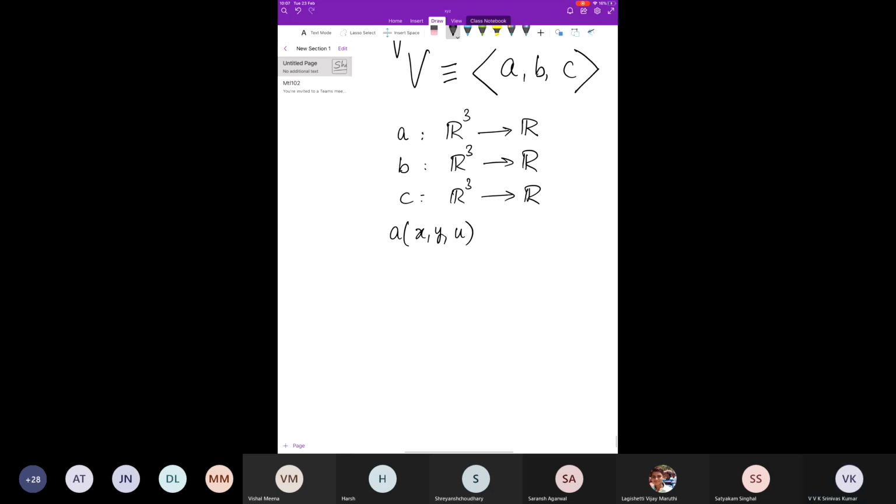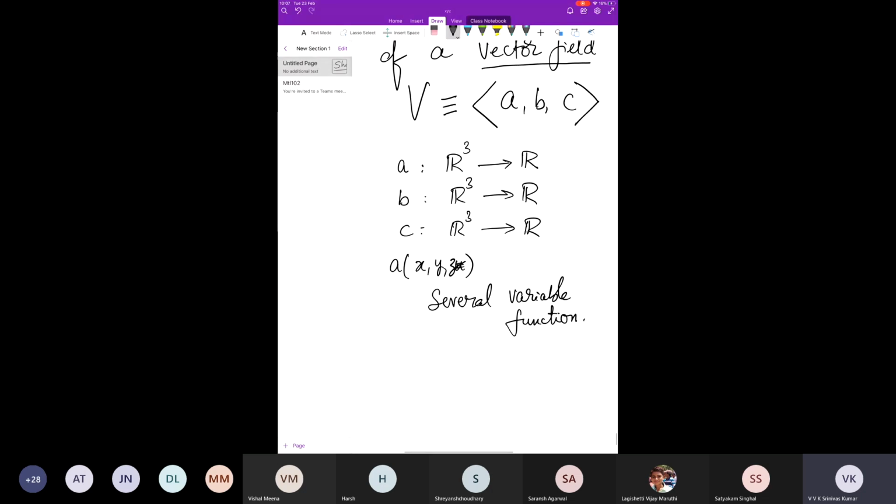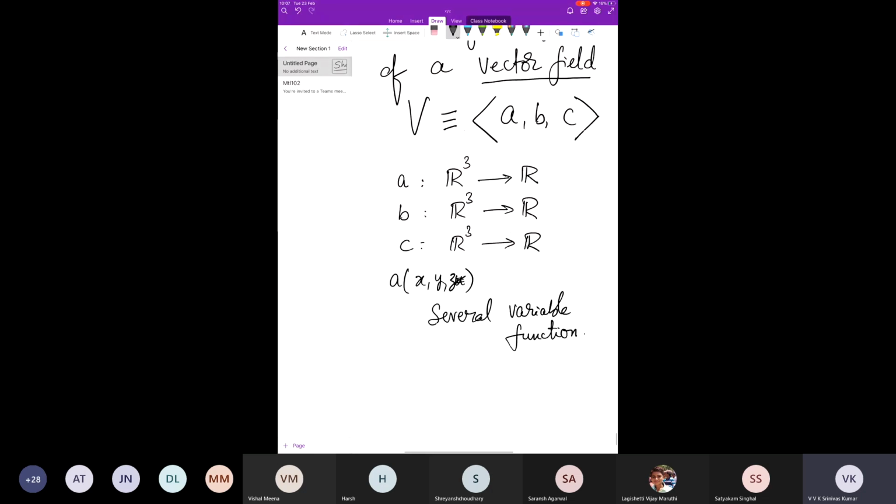These are functions of several variables. You can call this z also, no problem. So what is a vector field? Putting together these functions A, B, C gives a vector field.